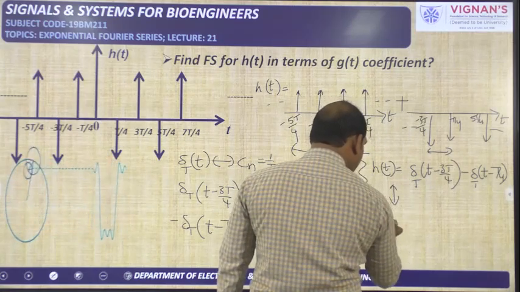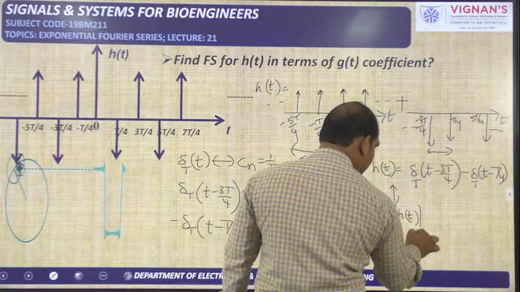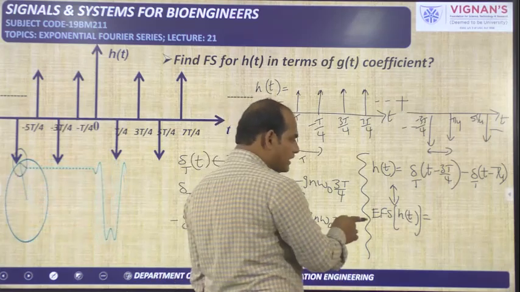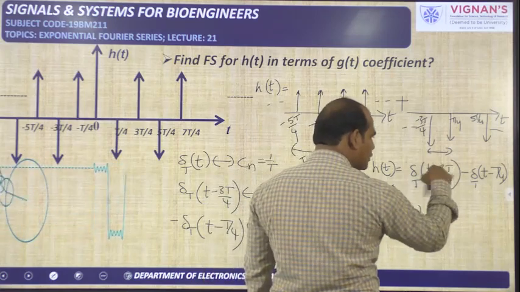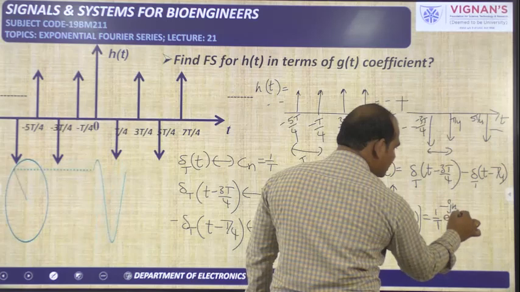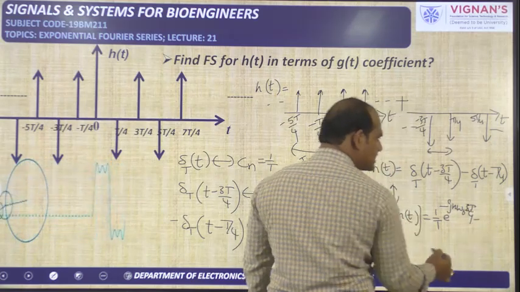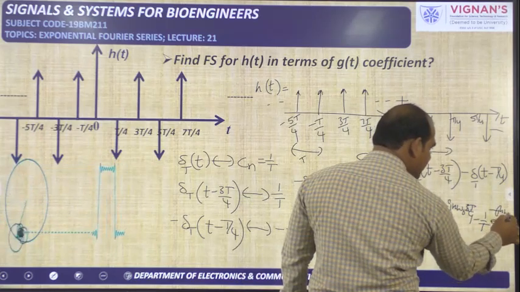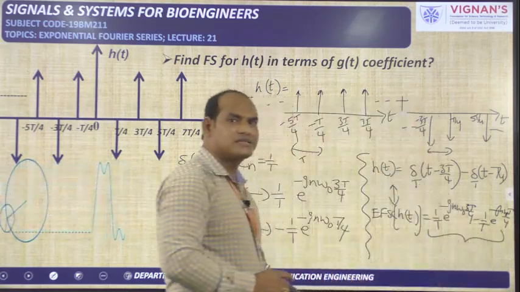So the exponential Fourier series coefficient of h of t is equal to, for the first one, 1 by T e power minus jn omega naught into 3T by 4. This minus is this minus. Next, for this one, 1 by T e power minus jn omega naught into T by 4. So this is the exponential Fourier series coefficient.